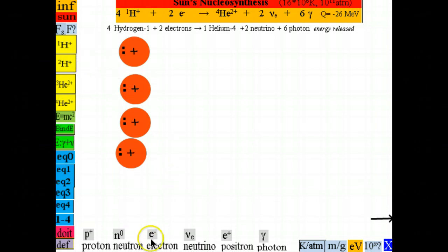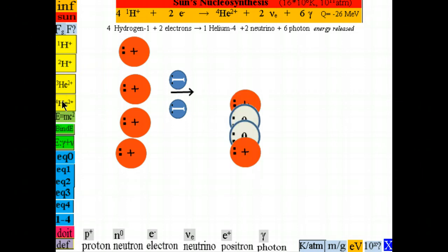You need 2 electrons, and as a result you will get 4 2 helium nuclei plus 2 neutrinos plus 6 photons.